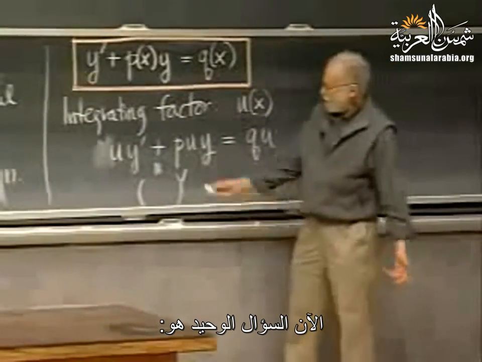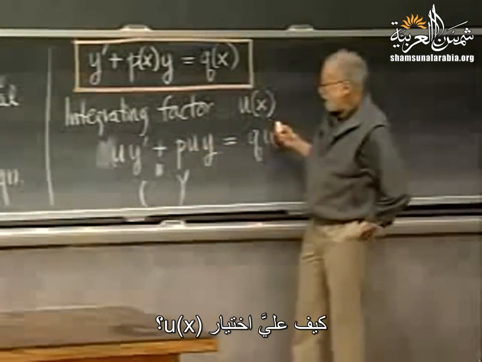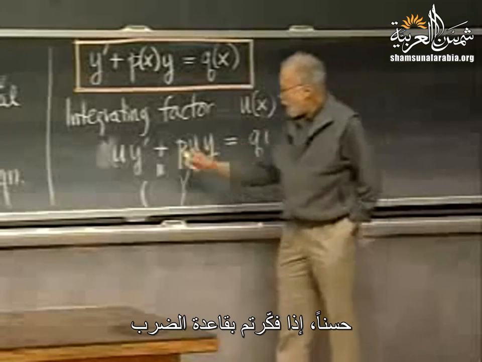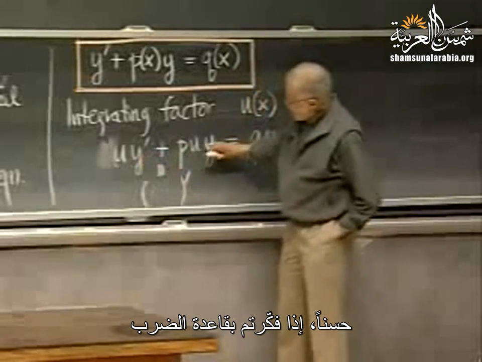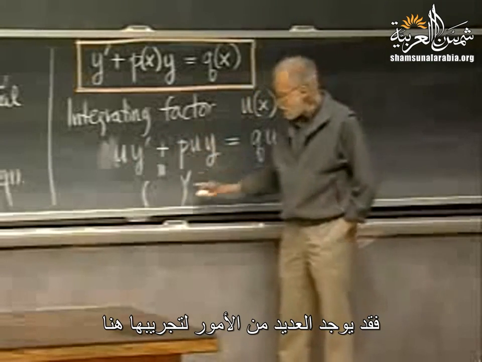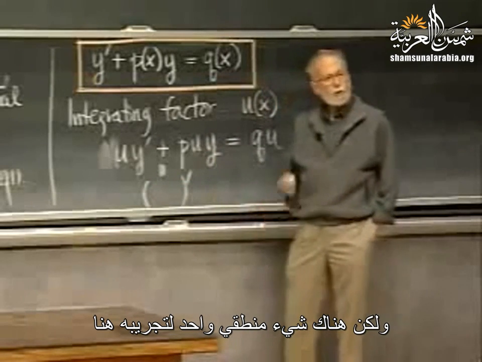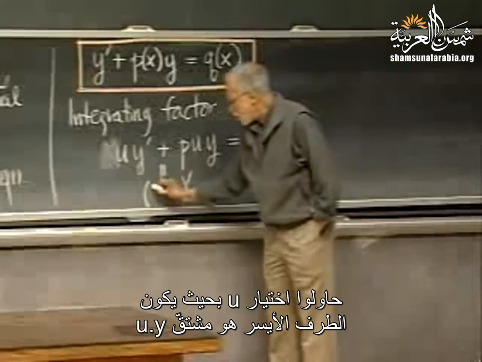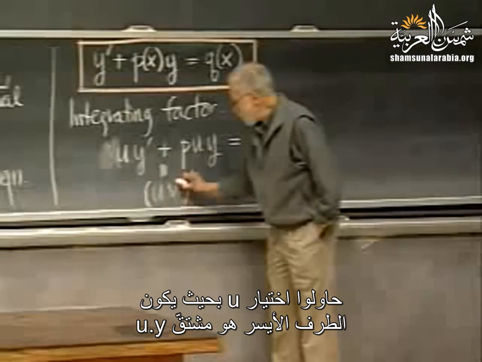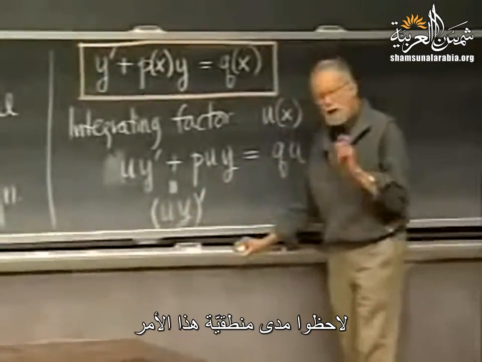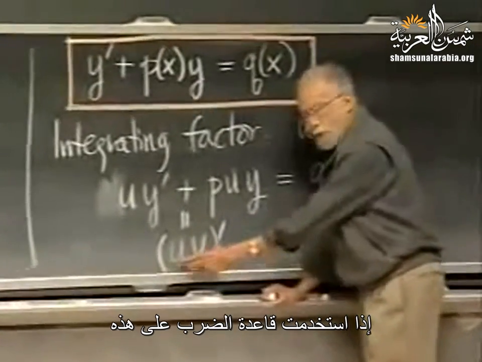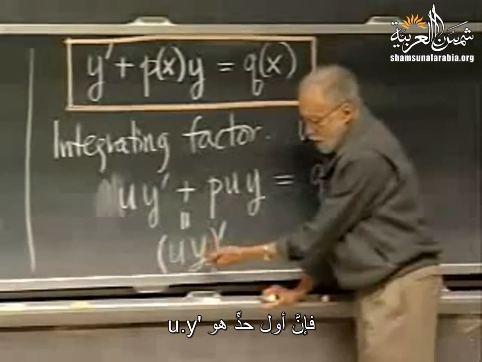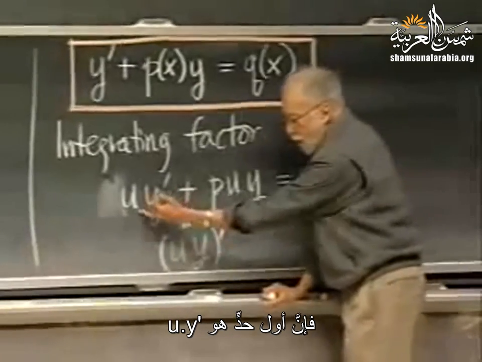Now, the only question is, what should I choose for u? Well, if you think of the product formula, there might be many things to try here, but there's only one reasonable thing to try. Try to pick u so that it's the derivative of u times y. See how reasonable that is. If I use the product rule on this, the first term is u times y prime.